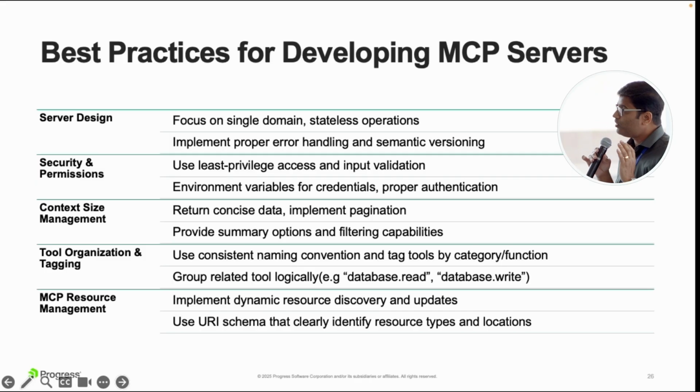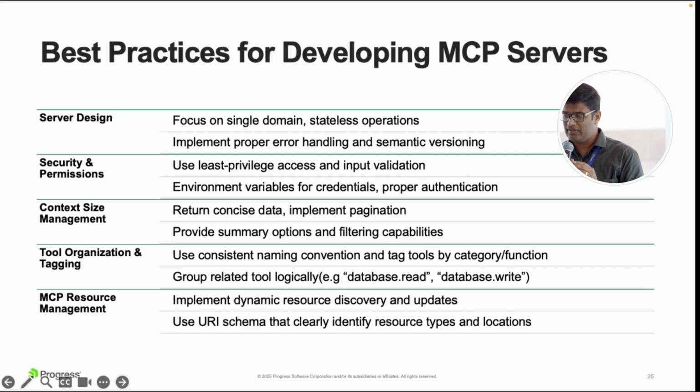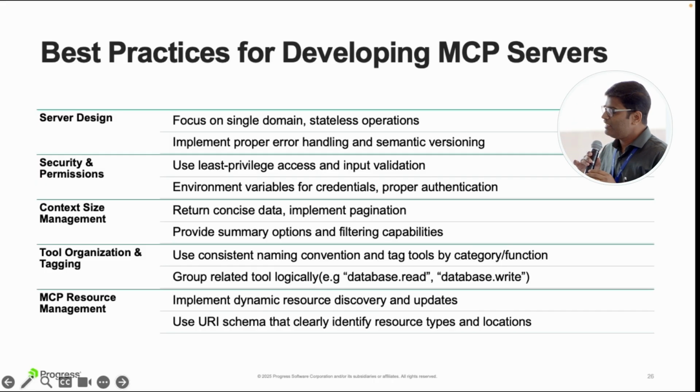Another security aspect is the trust boundary, right? The servers can span multiple systems, so your trust boundary changes. Another enterprise-level security problem is what somebody coined as shadow MCP, which means that anyone can build an MCP server and just put it on your network.